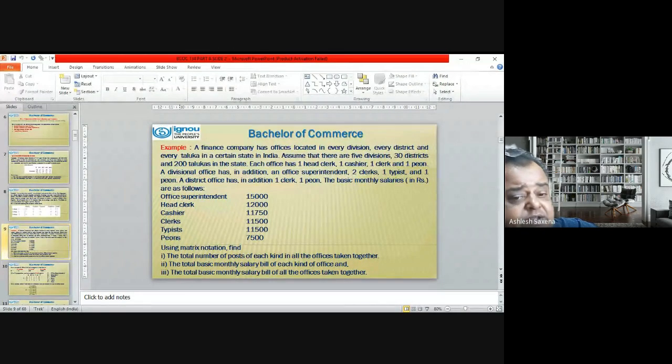And the third one is the total basic monthly salary bill of all the offices taken together.